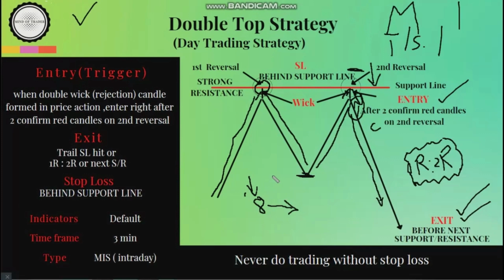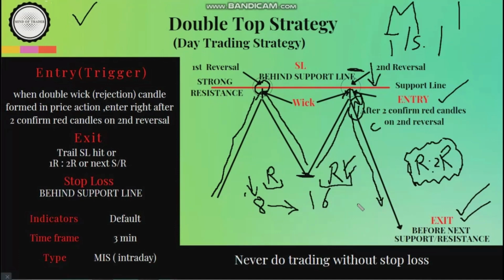So if you're putting 8 points as a stop loss, 16 points you have to take as reward. If 8 rupees is what you're ready to risk and lose, you should be getting 16 back when you close your trade. So this is the 1:2 ratio.